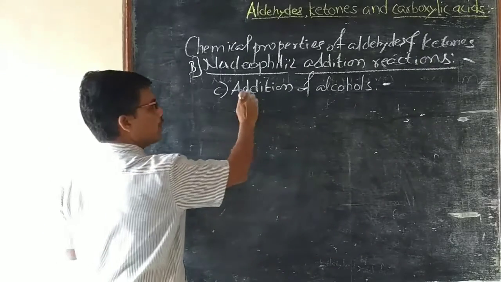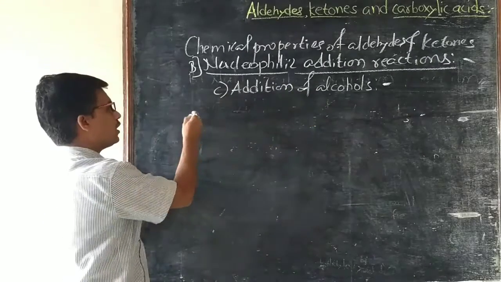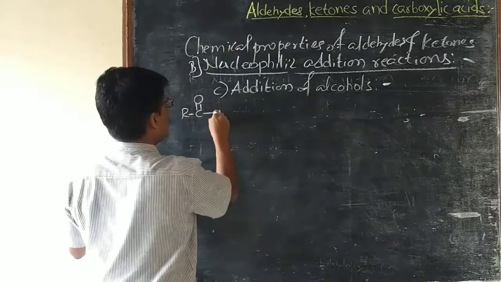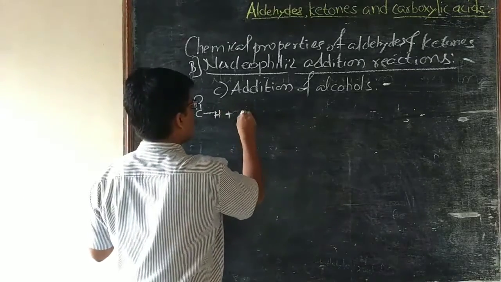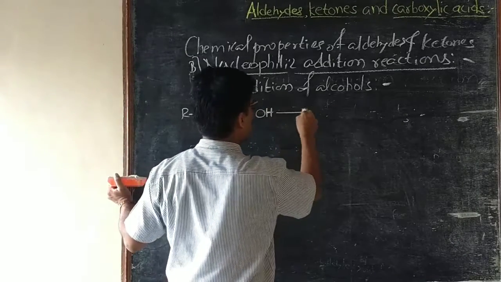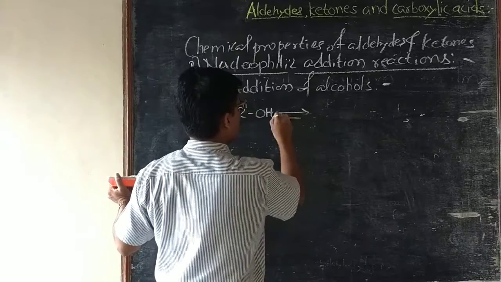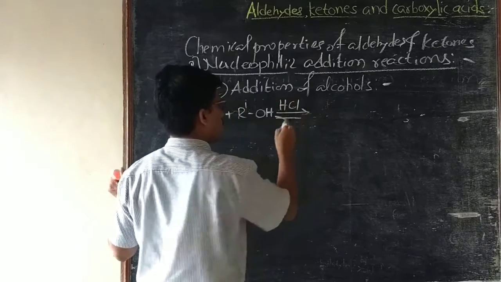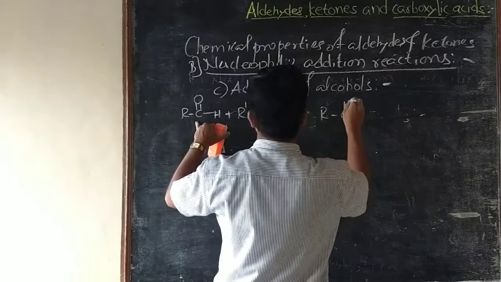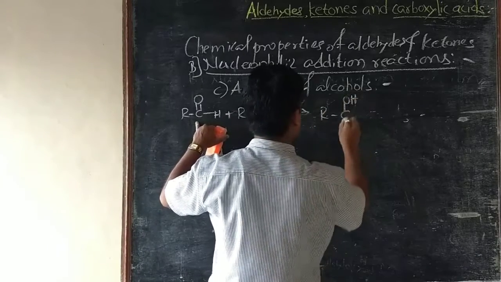First we will see addition of alcohols to aldehydes. Aldehyde reacts with one molecule of anhydrous monohydric alcohol in presence of dry hydrogen chloride to form hemiacetal.